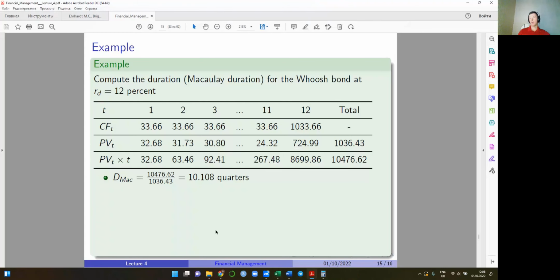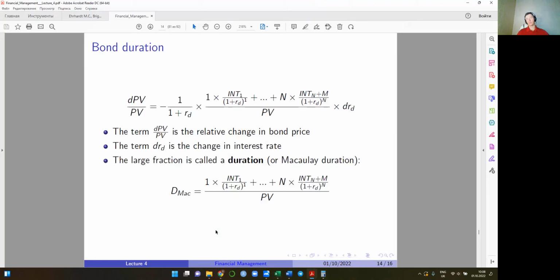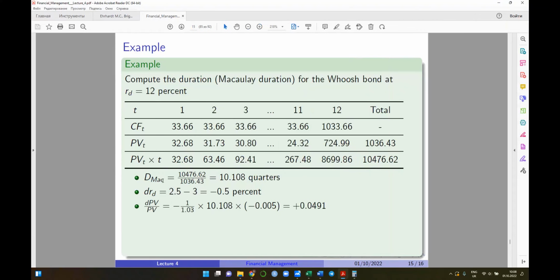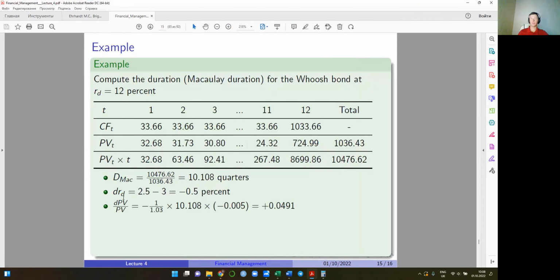So now let's see how we can practically apply this duration. Remember the previous task, when the interest rate falls from 12 to 10, in quarterly interest rates, it's from 3 to 2.5. So the change in the interest rate is minus 0.5% per quarter. Now, what is the relative change in price according to the formula from the previous slide?